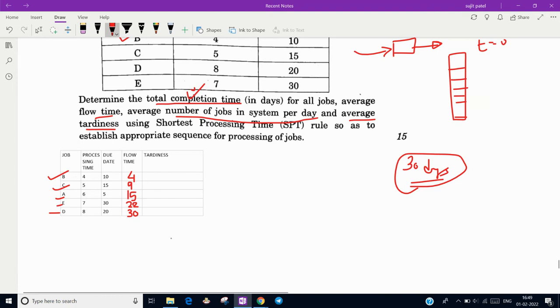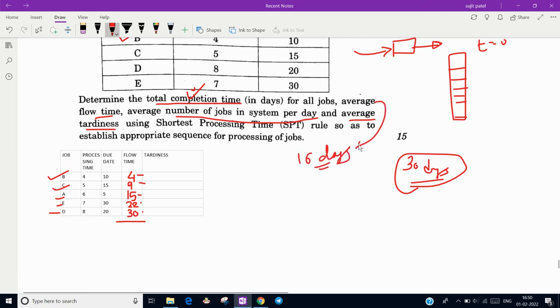The average flow time is what we have to do next. We have to add these 4, 9, 15, 22 and 30, and divide by the number of jobs. When you do it in the calculator, you will find 16 days. So the average flow time for a job is 16 days.